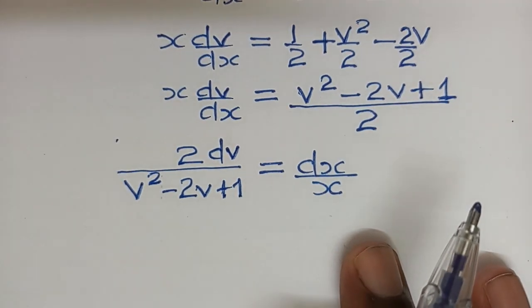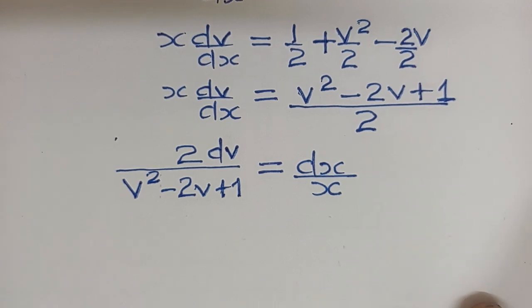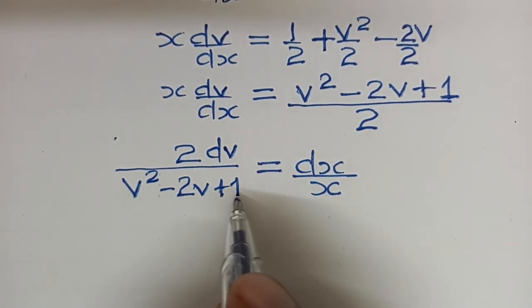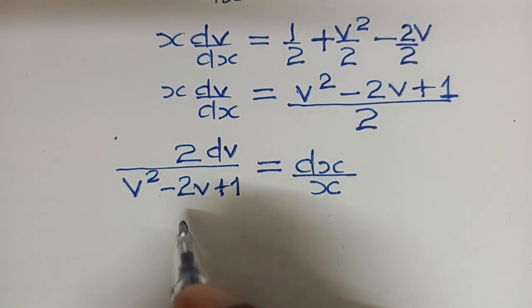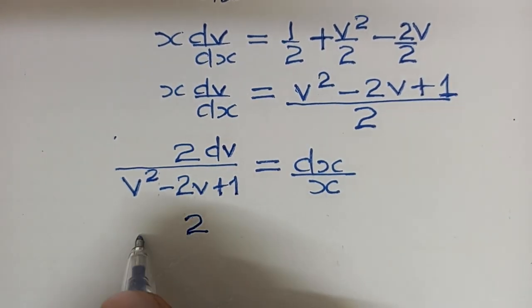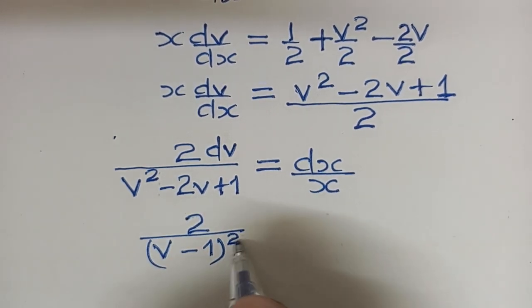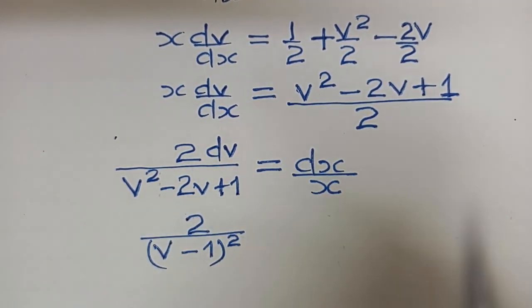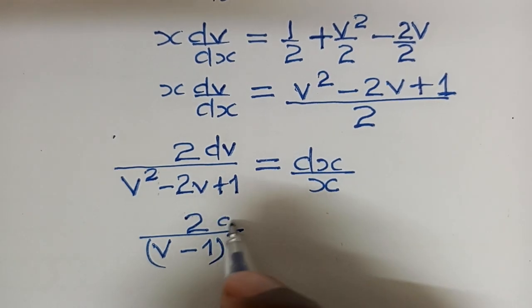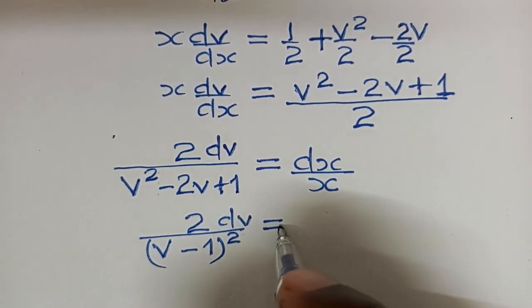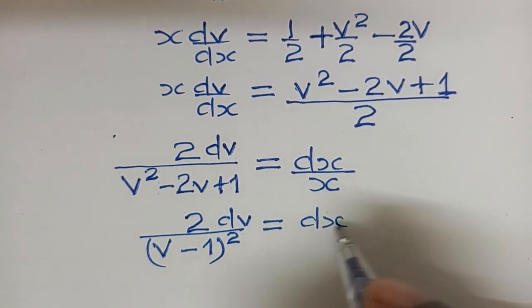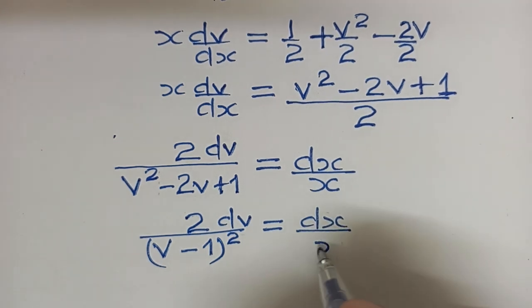But before we do that, guys, as you can see, this forms a complete square, and so we shall have 2 over v minus 1 squared. If you square that, this is what you are going to get, and here we have the dv equals dx over x.